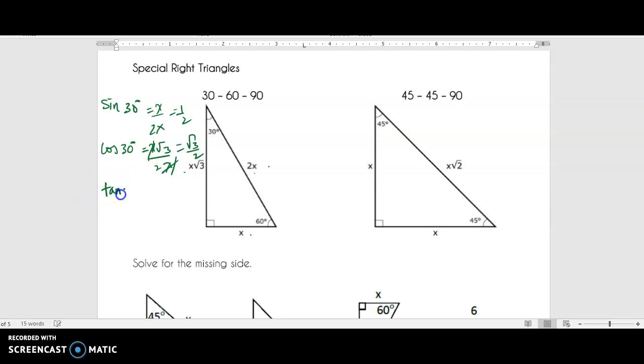And tan 30 is opposite over adjacent, so x over x root 3, which is 1 over square root of 3, right?